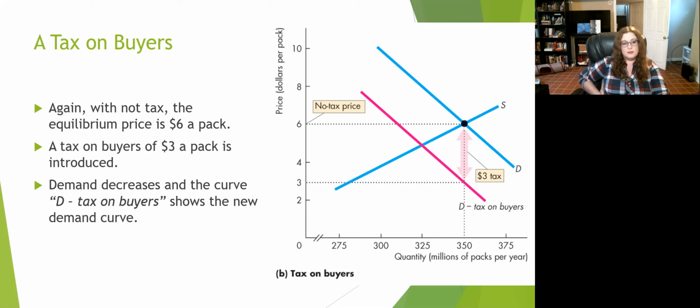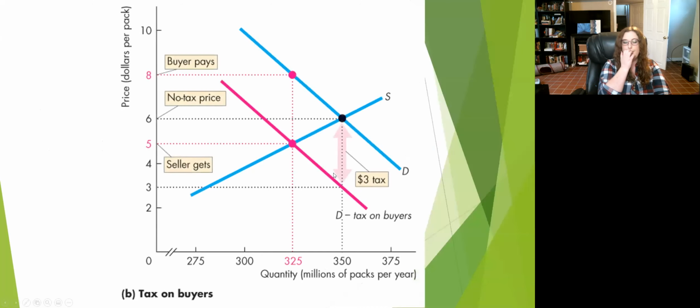What does that necessarily mean? This line right here is the demand minus the tax that's going to be put on the buyers. Let's fill this in a little bit more. Okay, so we see that we have this tax that's now put on the buyers because they don't like taxes. They're like, well, if I'm going to have a $3 tax, at this point I was originally willing to pay $6.